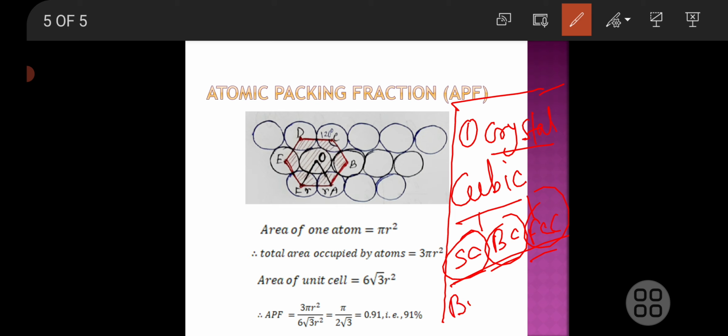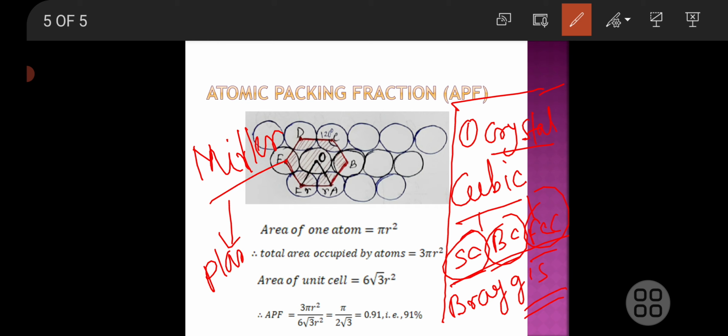Then a very important part is Bragg's law of X-ray diffraction, and from Bragg's law of X-ray diffraction there are several numericals. Then move to the Miller indices: Miller indices for planes and Miller indices for directions. It may be asked in your question paper to draw the Miller indices for different planes.